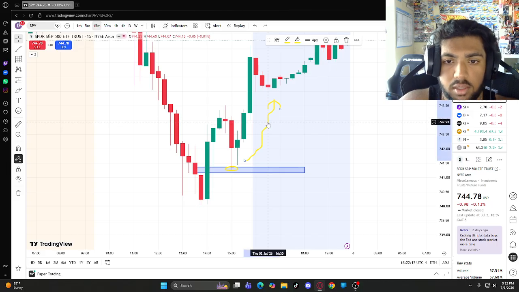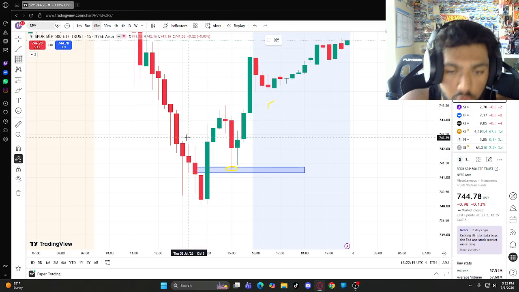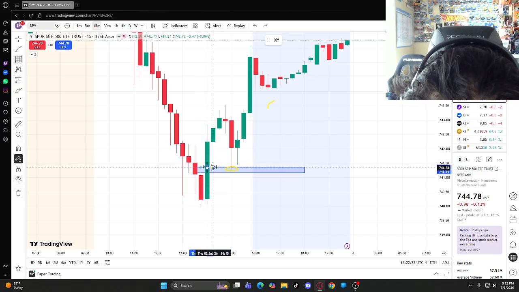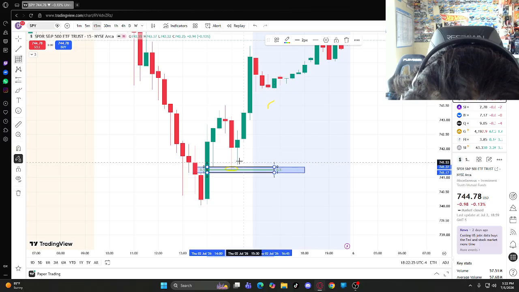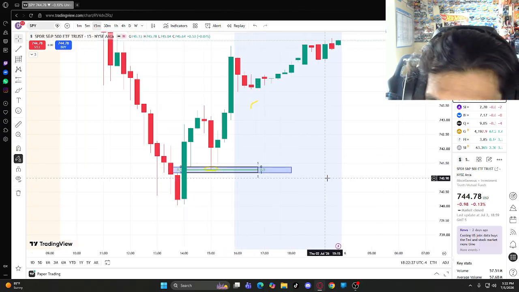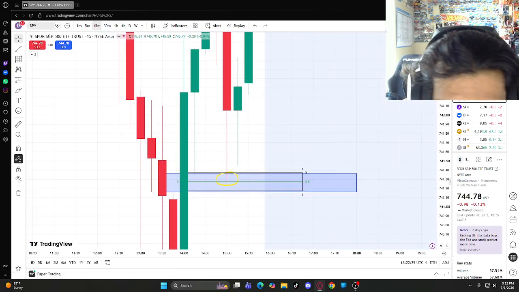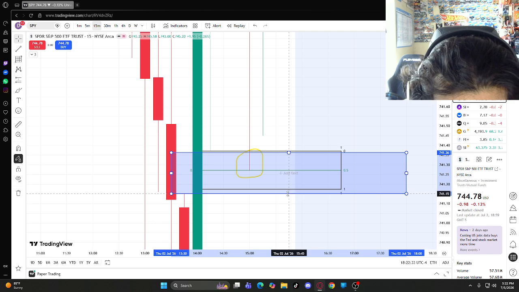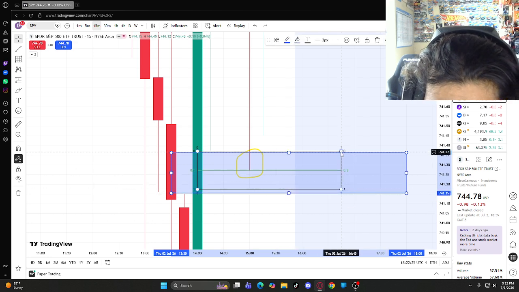And this helps our strategy. You know why? Because if we draw the Gann box from here to there, what do we see? We actually tapped that 50 percentile mark.